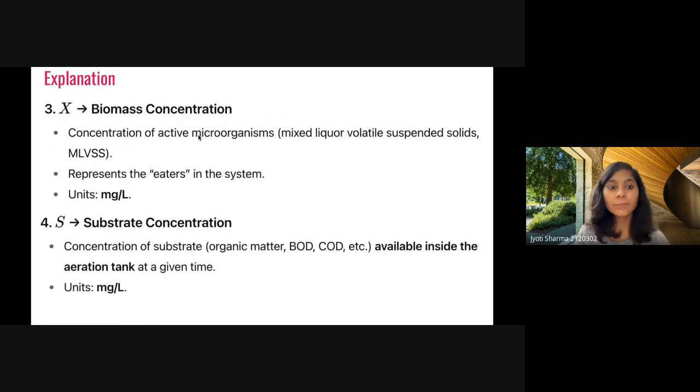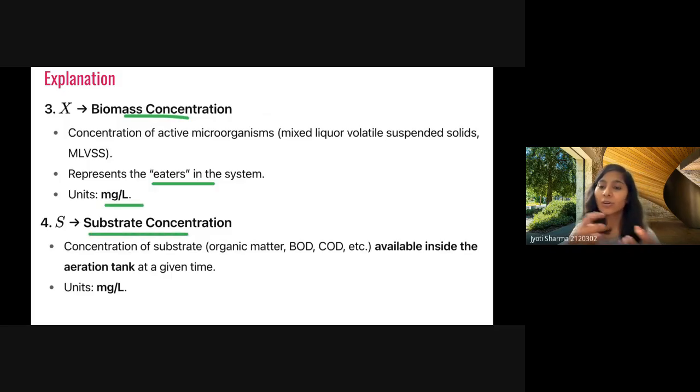Then the next terminology is biomass concentration. You know about this, how much microorganism we have in that substrate. So these are the eaters in the system, in mg per liter. And the substrate concentration, how much organic matter, in the form of BOD and COD, is available in the aeration tank, that will be mg per liter.